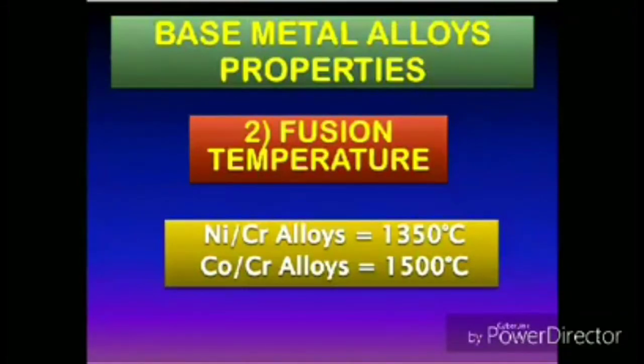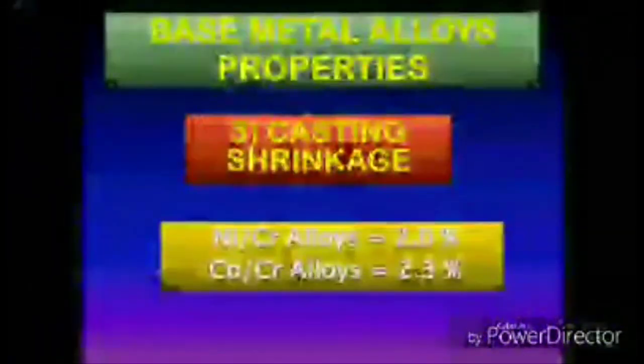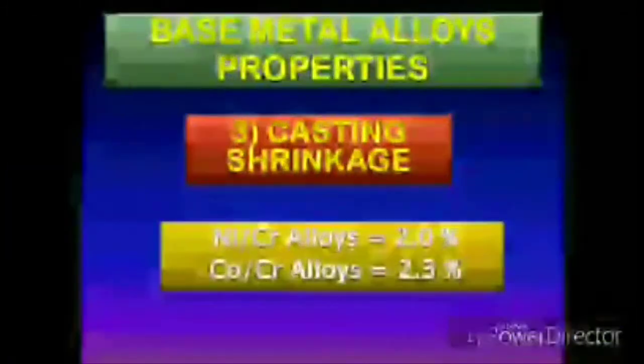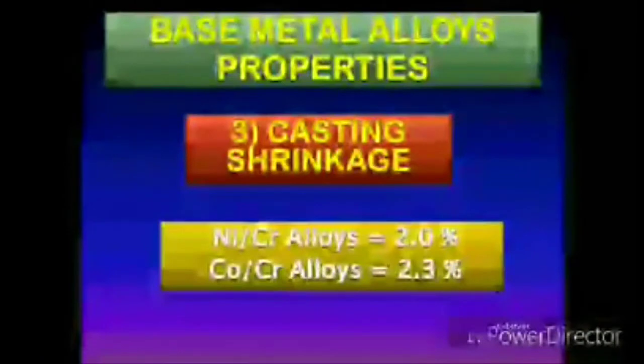So the cobalt chromium alloy has a slightly higher fusion temperature compared to the nickel chromium. Comparing the casting shrinkage, the nickel chromium casting alloy has a casting shrinkage of 2%, whereas the cobalt chromium casting alloy has 2.3%, so they are almost similar.